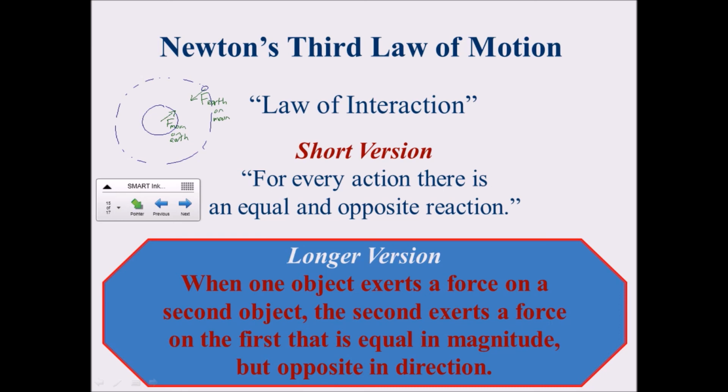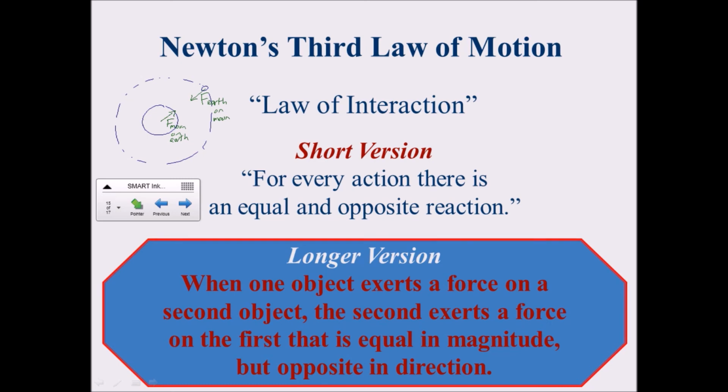So you have a somewhat small force acting on the ball, but because of its small mass, it has a very noticeable acceleration. You have the same small force acting on the Earth, but because its mass is extremely huge, that acceleration is so small that it would be very, very difficult to measure.